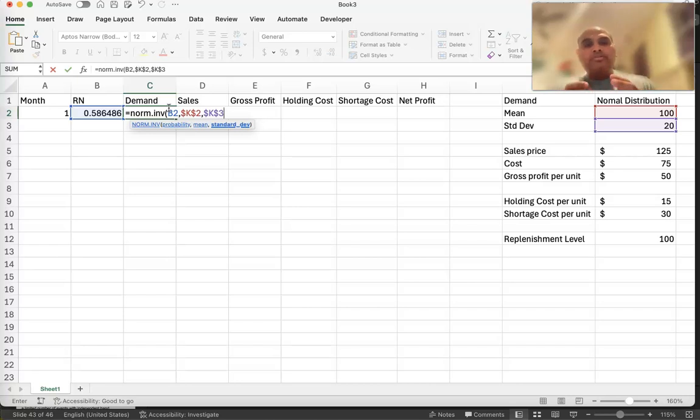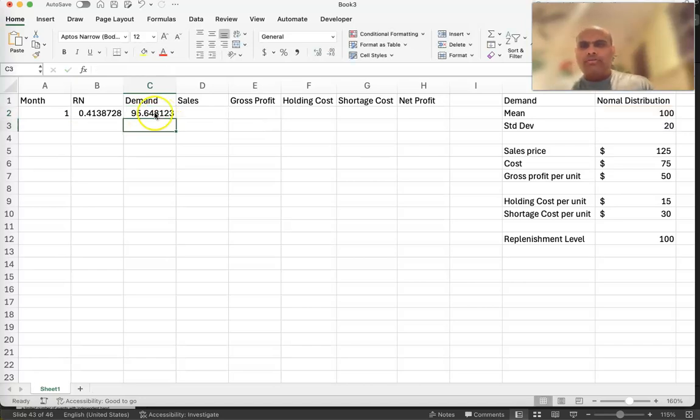And that probability is going to be a number less than 1. When we generate a random number, we are going to represent that area or that probability using that random number. So that's the randomness that we are looking at. Because we are using probability to find the value on the x-axis rather than the other way around, we are using the inverse formula.